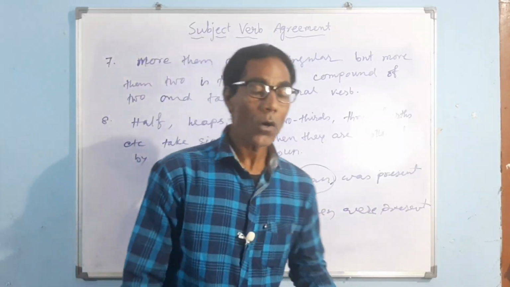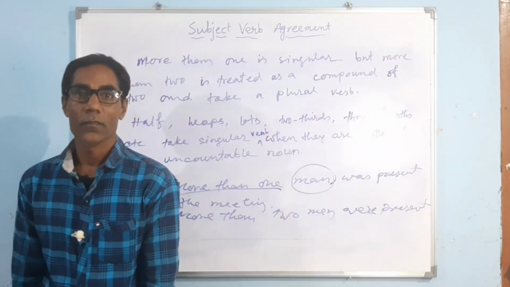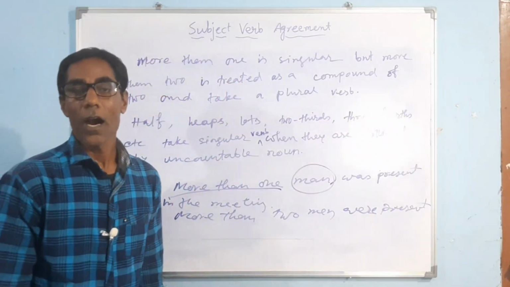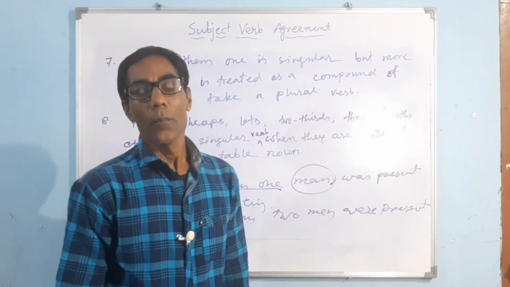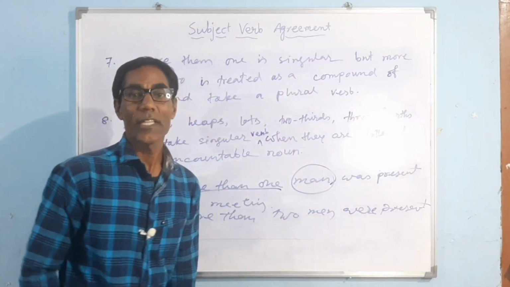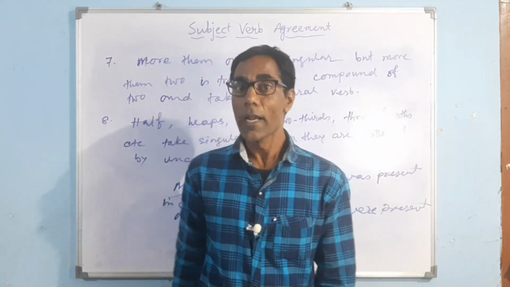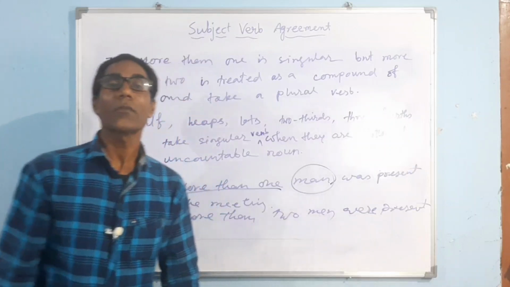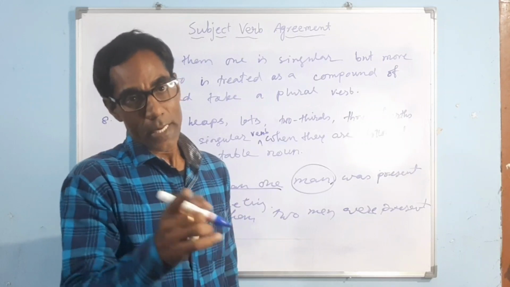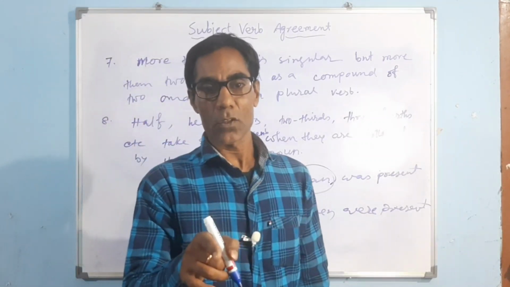Half, heaps, lots, 2/3, 3/4, etc. take a singular verb if they are followed by an uncountable noun. But if they are followed by a plural noun or countable noun, in that case you have to use a plural verb.